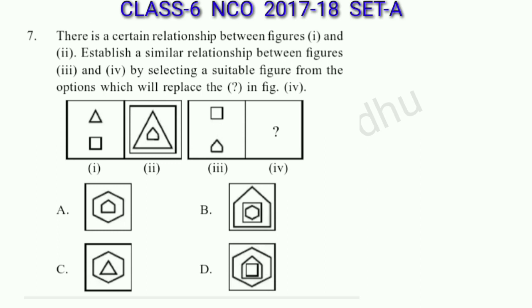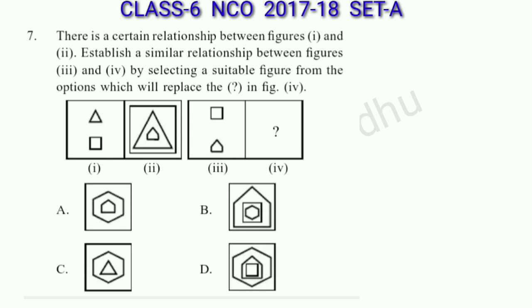Question number 7. There is a certain relationship between figures I and 2I. Establish a similar relationship between figures 3I and IV by selecting a suitable figure from the options which will replace the question mark in the figure IV. The upper figure, that is triangle in figure I, became the inner figure in figure 2I.